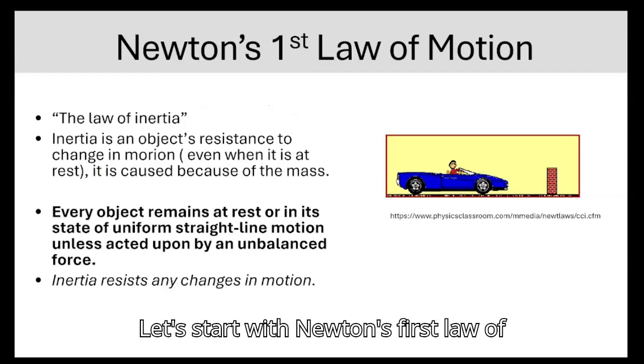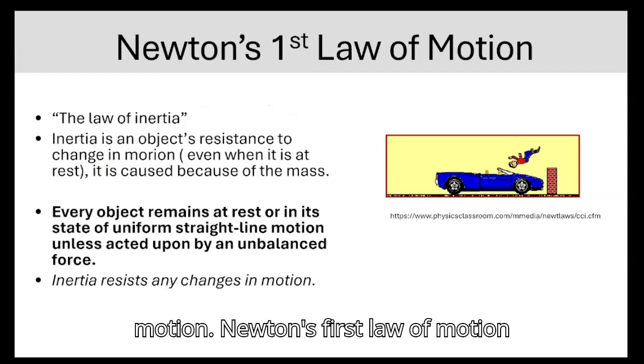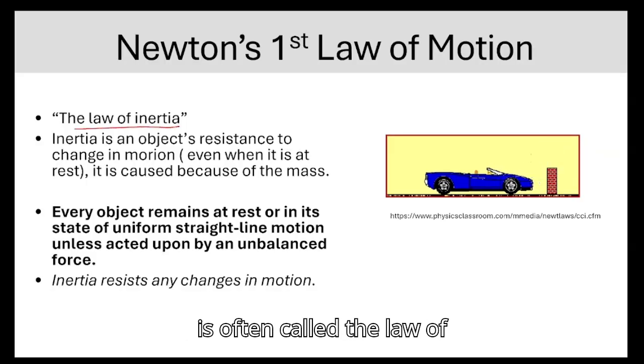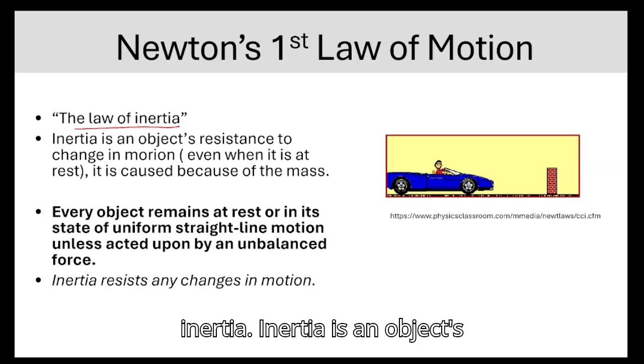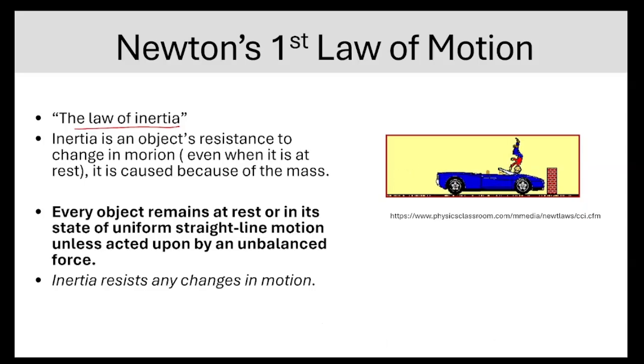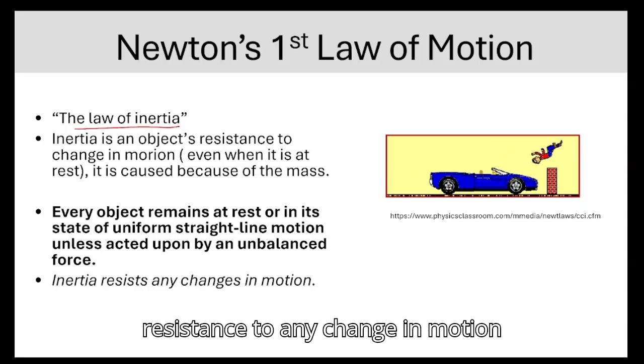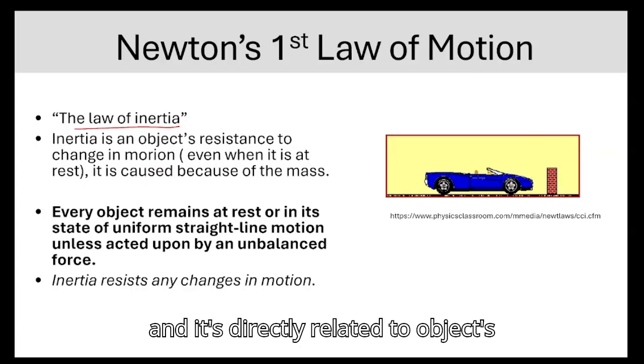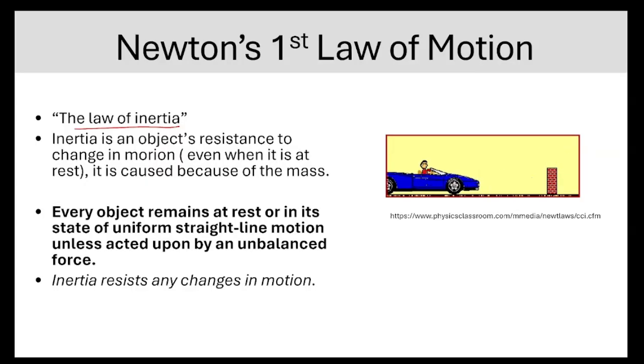Let's start with Newton's first law of motion. Newton's first law of motion is often called the law of inertia. Inertia is an object's resistance to any change in motion, and it's directly related to the object's mass.